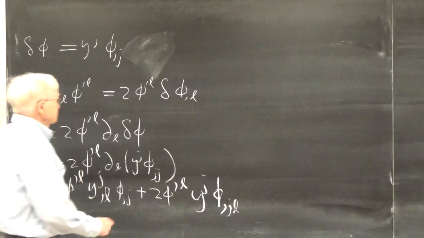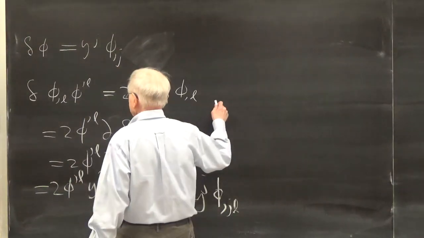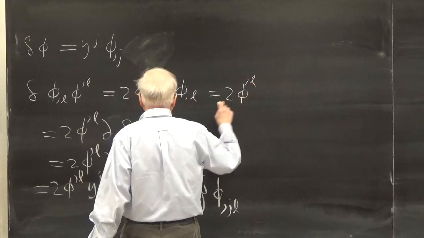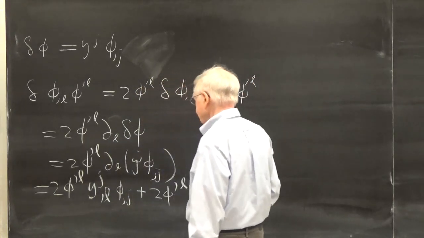So the change in the action is 2 phi comma L times this thing.